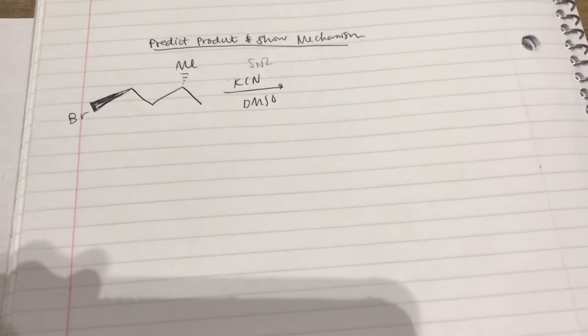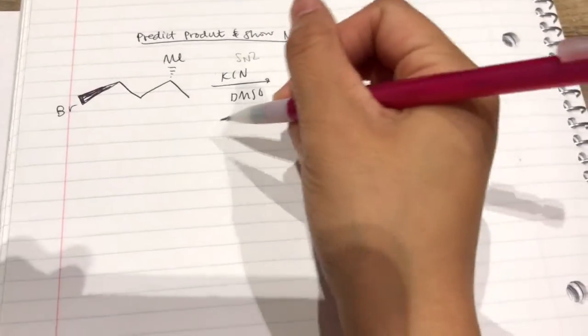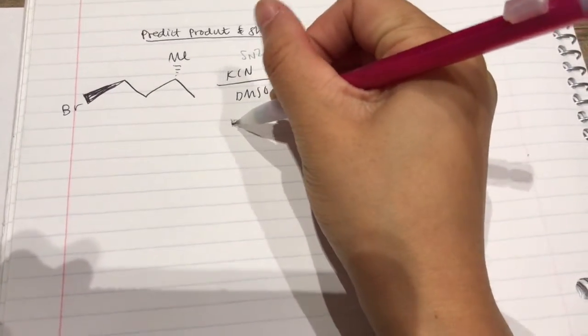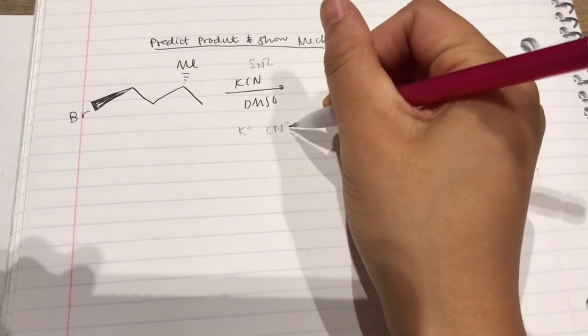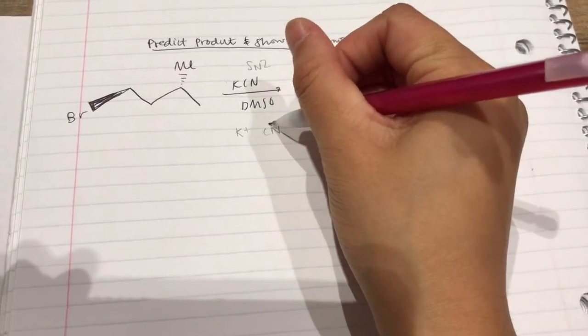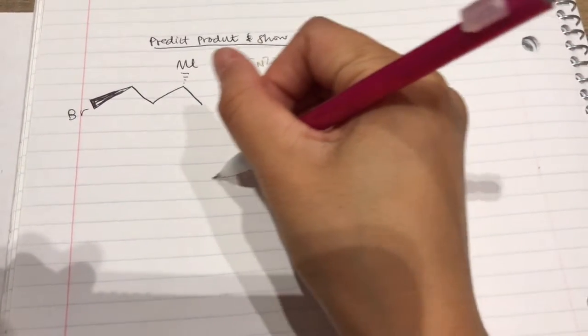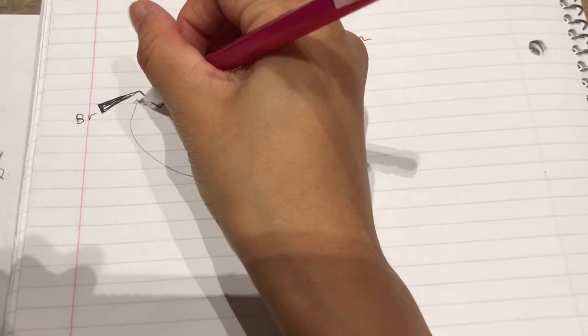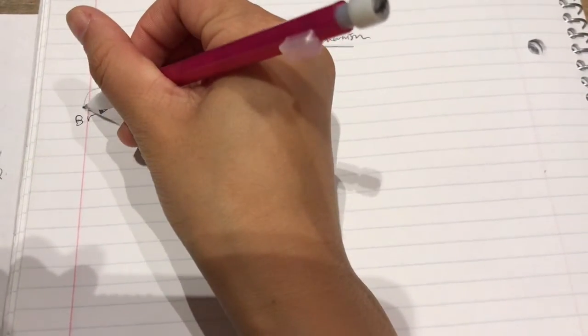Now that we know an SN2 reaction will occur, we can show the mechanism and predict the product. We have these ions floating around in the solvent, and the electrons from this ion are going to attack this carbon, and in the same step, the electrons from this bond are going to go to the bromine.